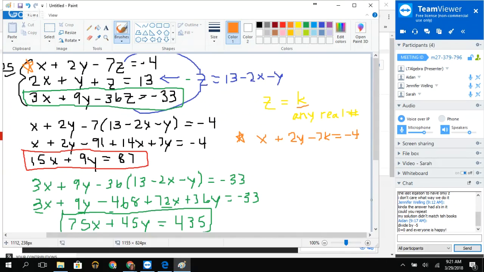Then if we solve for x, we get x equals -2y minus 7k minus 4.